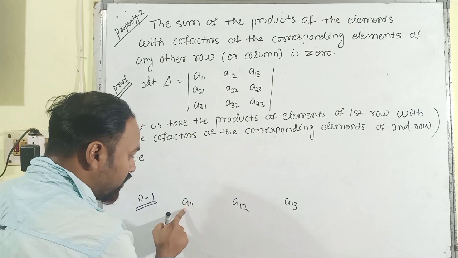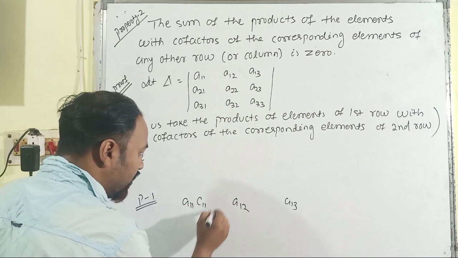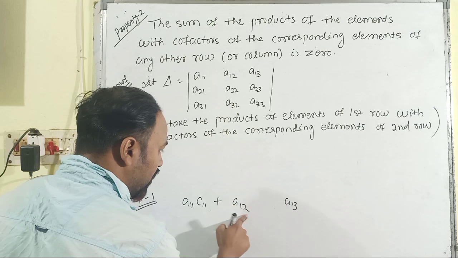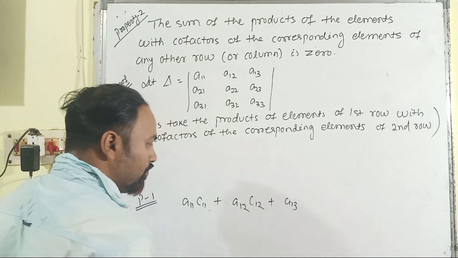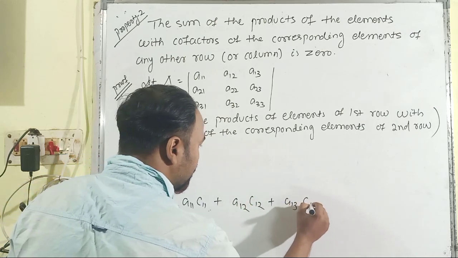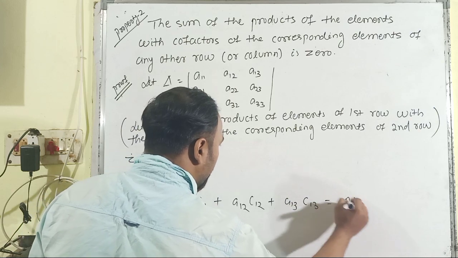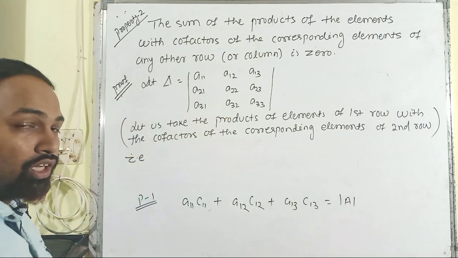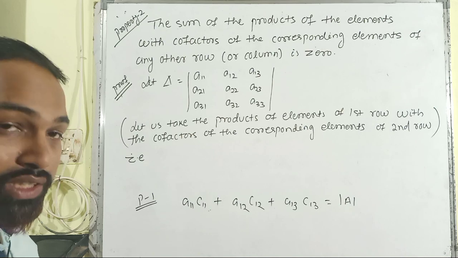That means the cofactor of A11 is C11, the cofactor of A12 is C12, the cofactor of A13 is C13, and this value gives us the determinant of the given matrix A.